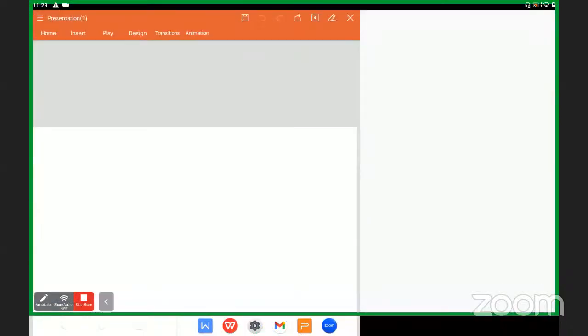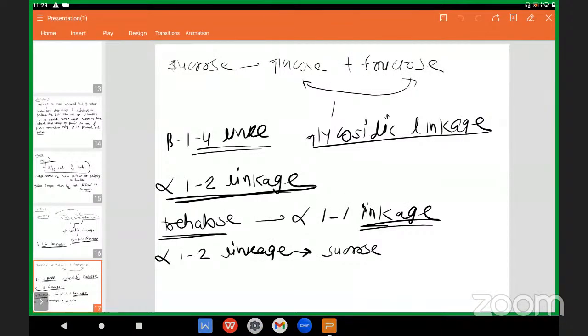So write down the linkages between the different biomolecules. Like we have discussed, the compounds having the alpha 1,2 linkage: take down the example, sucrose shows the alpha 1,2 linkage. Then take the examples of alpha 1,4 linkage.